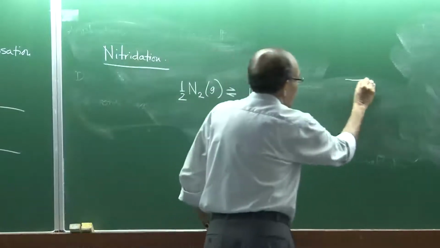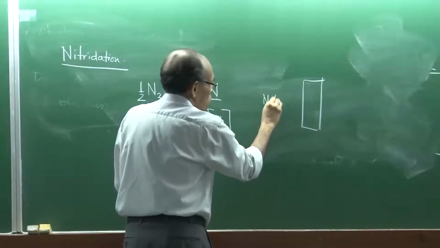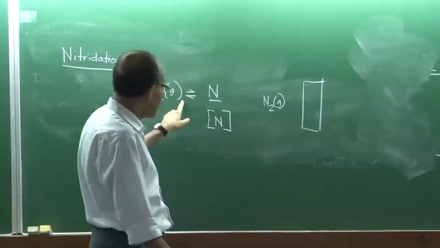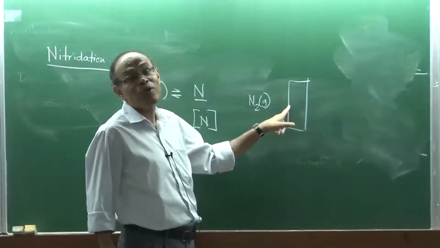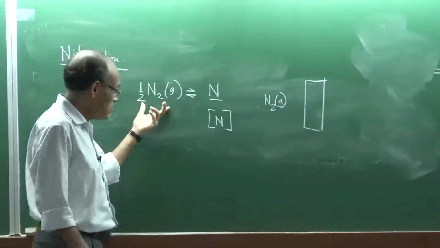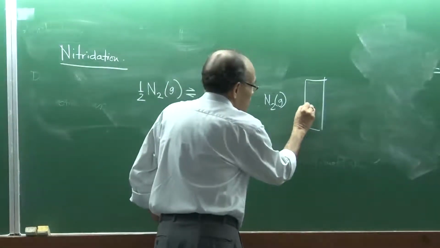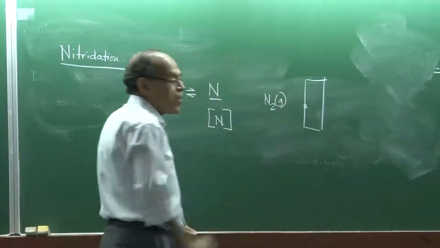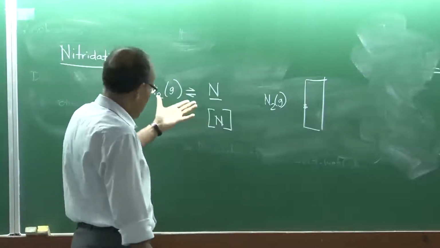So, if you have a solid, for example, and you have a nitrogen gas here, this reaction is taking place at the surface of the solid. The thermodynamic conditions, nitrogen potential, etc., are such that this reaction takes place, and an equilibrium is established between the gas concentration and the solid concentration of nitrogen right at this particular interface.